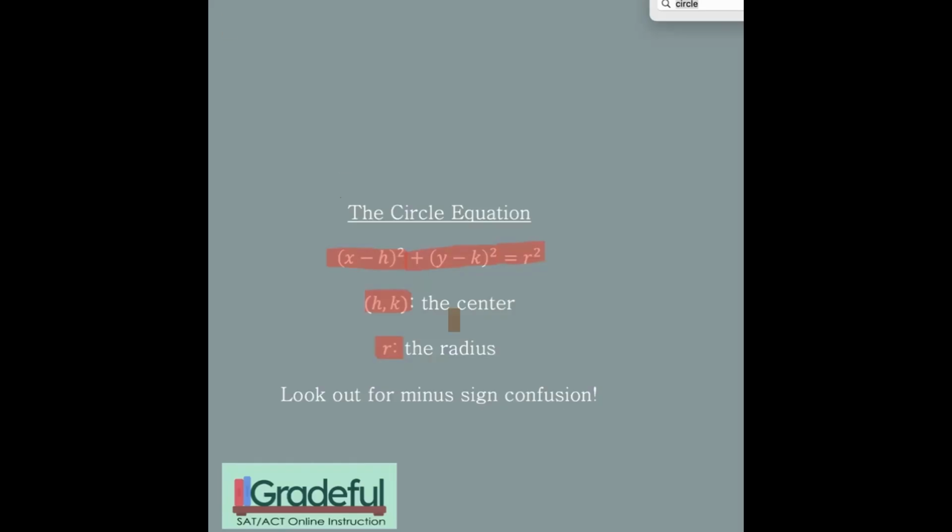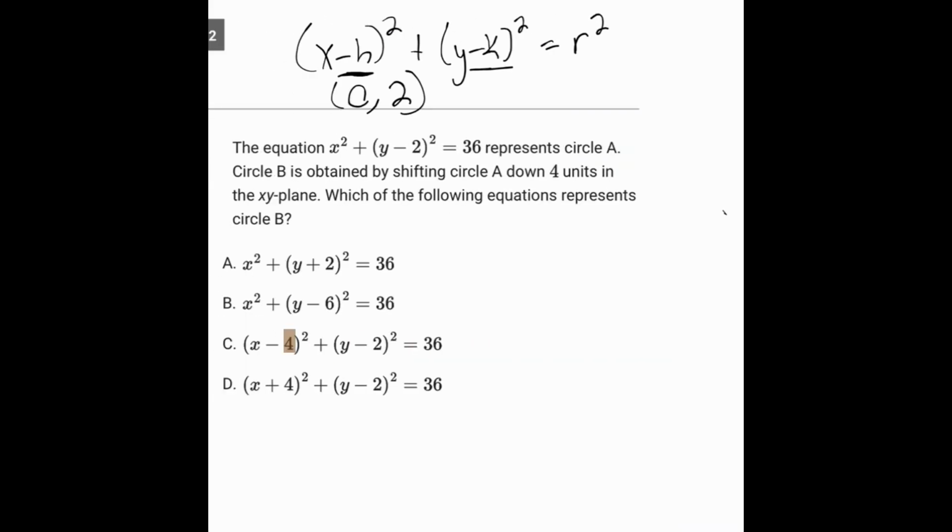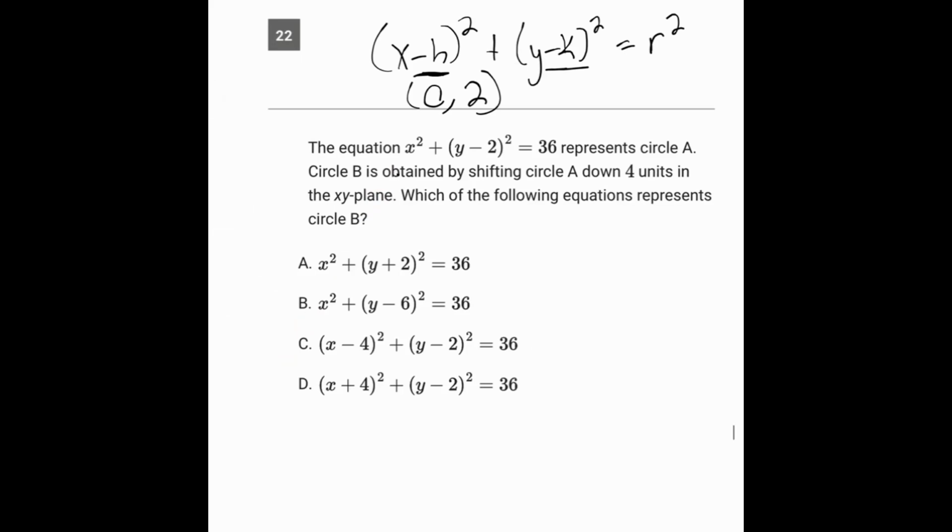And so just like we said in the slide here, you want to look out for minus sign confusion with the circle equation, because the equation itself has minus signs. Therefore, if something looks negative, it's actually positive. So this is positive 2 because of what I said. So that's the center, 0, 2.